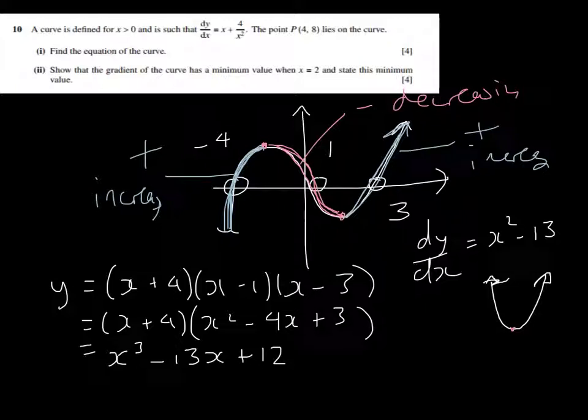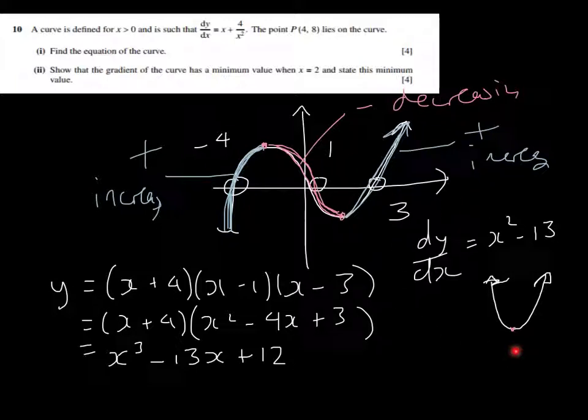Now, if you look back at the original function, is there anything on here that can help us go from this to this? Let's remind ourselves, from here up to the maximum point, the gradient was positive, and then it became negative, and then it became positive again. So this here is the gradient function.